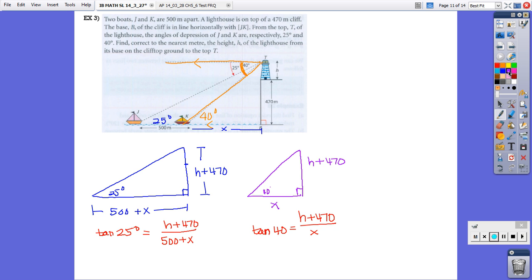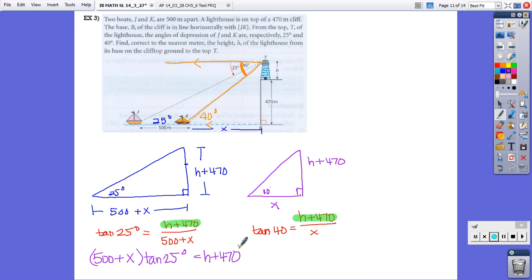In this case, what I notice is this piece right here is equivalent, and because they're equivalent, I can actually solve for that in both of them. One way would be over here. We could do 500 plus x times tangent of 25 equals height plus 470.